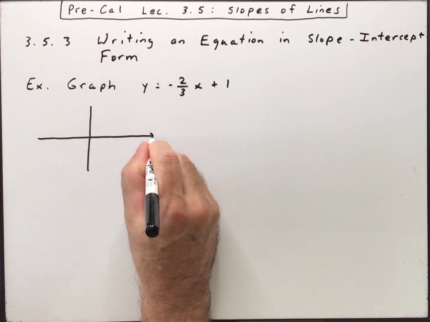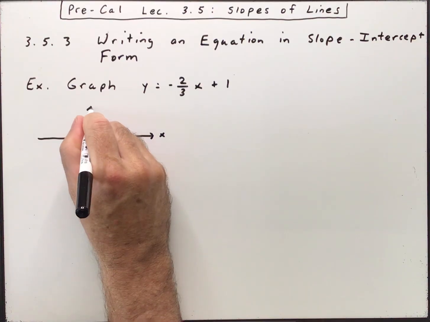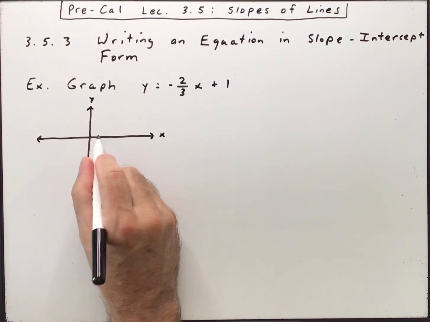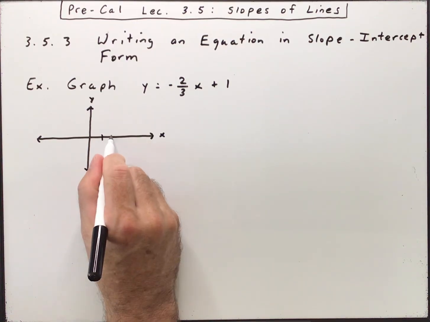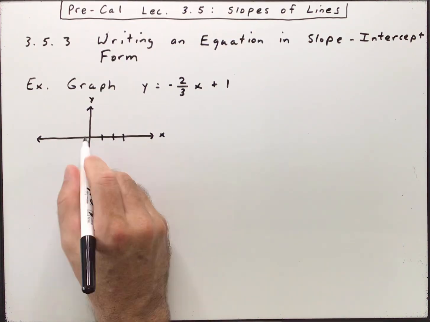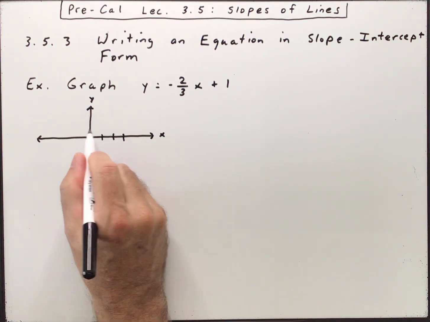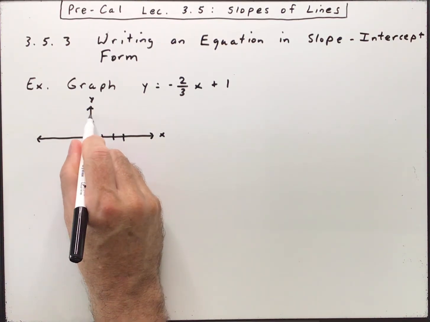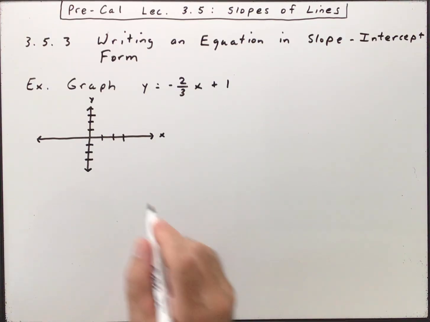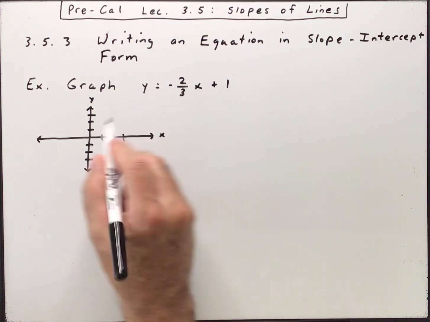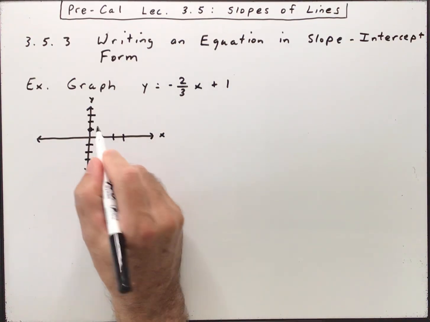All right, so x-axis, y-axis. Let's make some tick marks here. About 1, 2, 3. That should be good enough. Okay, we know it crosses the y-axis at 1. So I've got a point there.